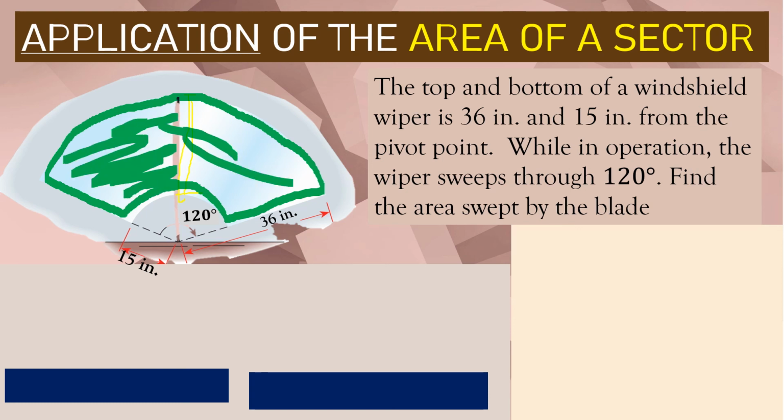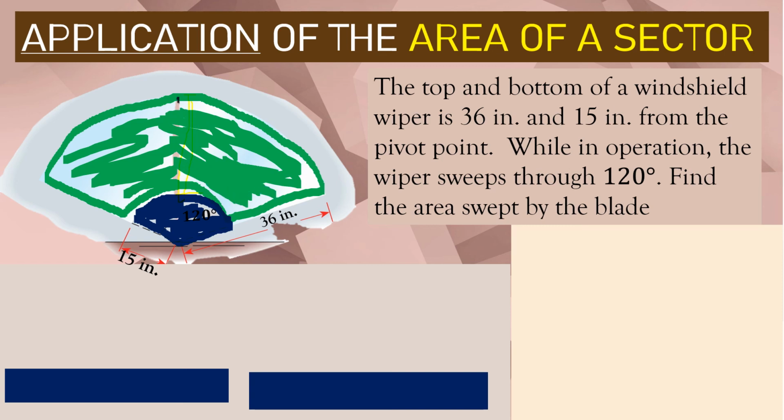This portion. However, may isang part na hindi niya dinadaanan. So, ito na yun. This portion na yun. Now, how can we solve this green portion here? Ito yung area na hinahanap natin.